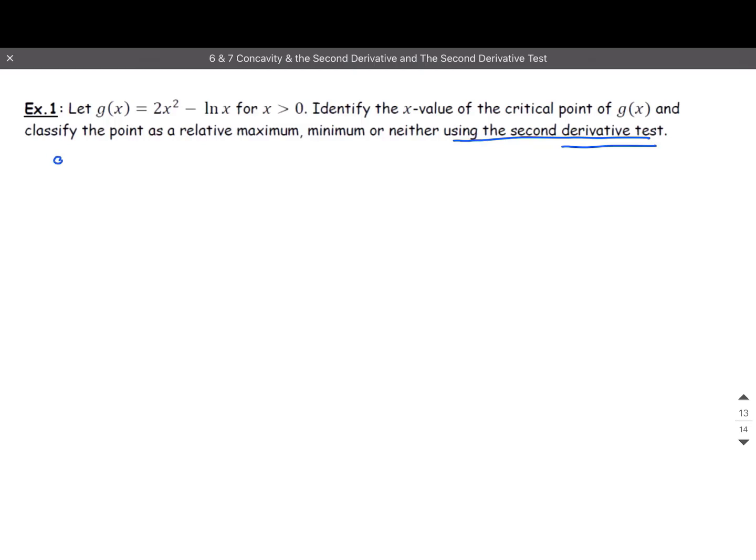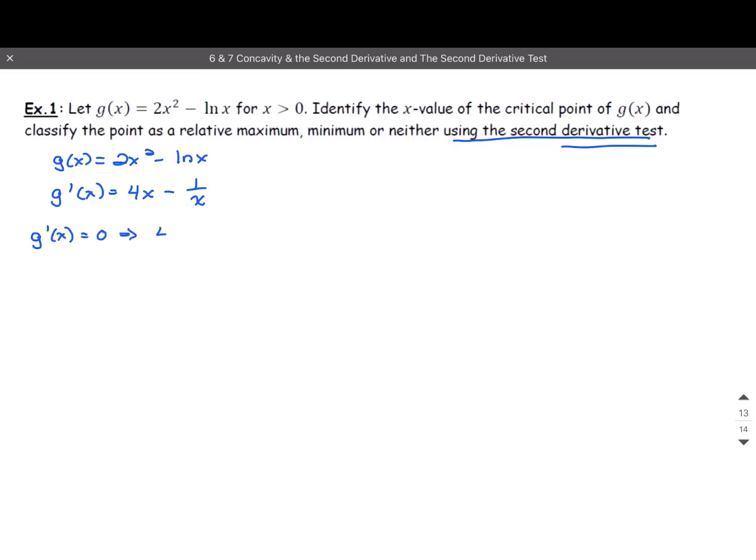So we have g of x is 2x squared minus the natural log of x. If we want to take the derivative, 2x squared is 4x minus the derivative of the natural log of x, which is 1 over x. We want to know when the derivative is 0.